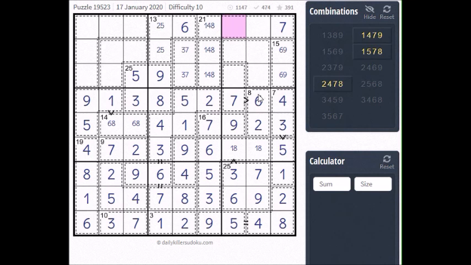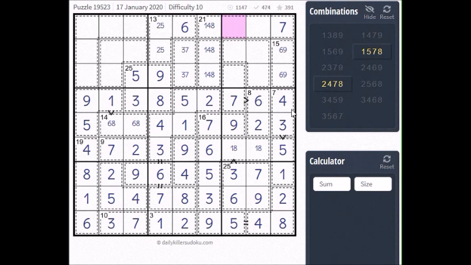Okay, still we have 3 possibilities. It doesn't include 9 because the 9 is in these 2 cells, and it cannot be there. So still we have 2 remaining possibilities.